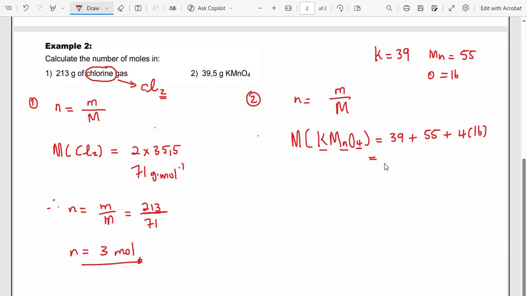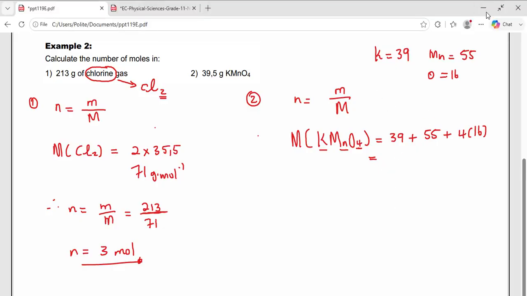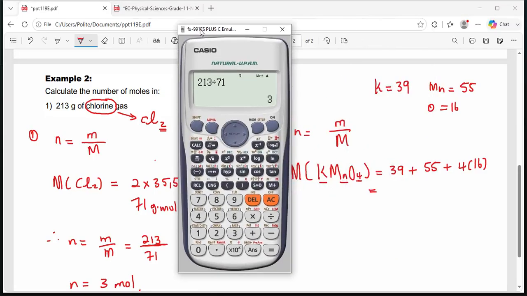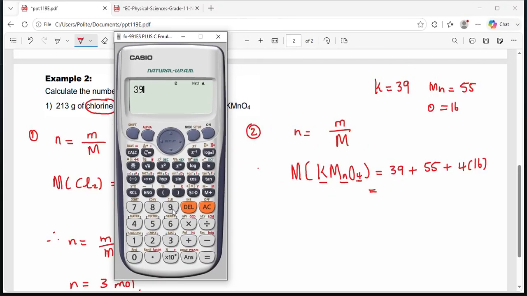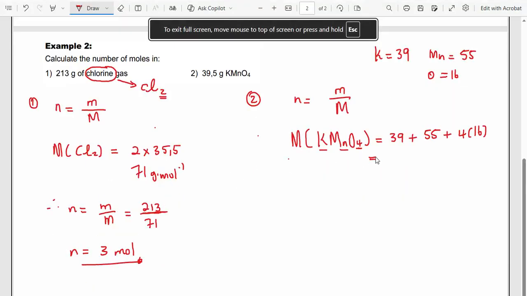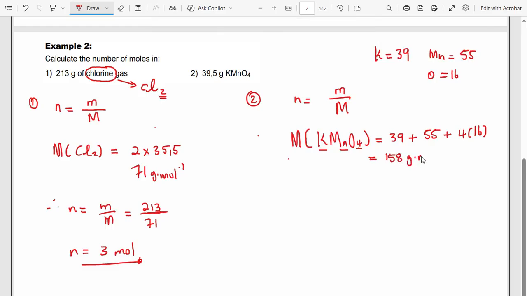Add this on your calculator and see what you get. 39, we add 55, we add 4 times 16, therefore everything is 158. So this will give us 158 grams per mole. That's how you calculate the molar mass.